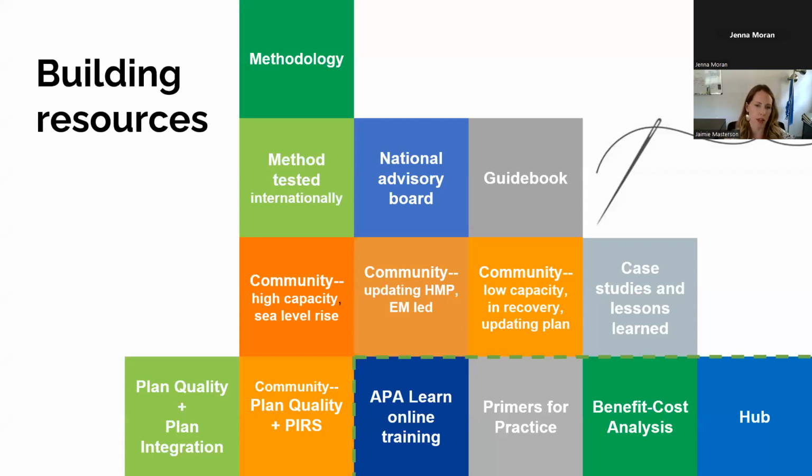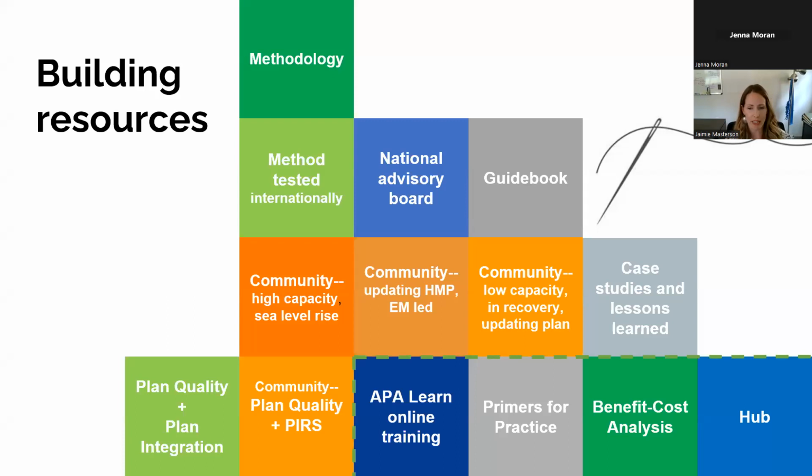This is just a way to show that we've been building resources since we started working on the project: to develop the method, to pull together a rock star group, a national advisory board that really helped us develop the guidebook and test it, and to work hand in hand with a number of different communities to develop case studies. We tried to apply it with other assessment tools that are out there.